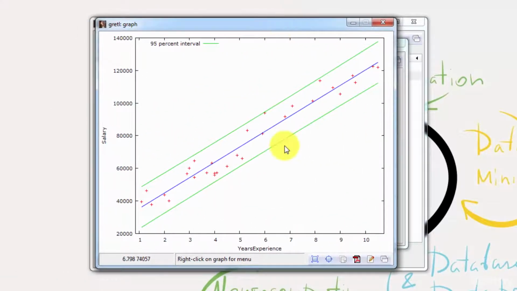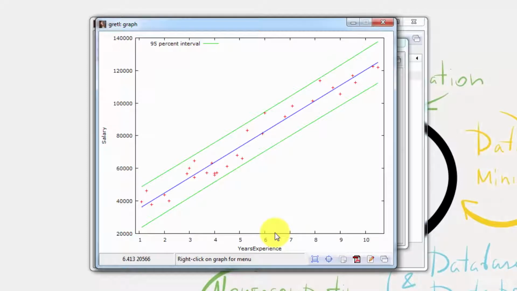So this graph is a bit more involved because it has the 95% confidence intervals here in green. So in a quick summary, what happened here is originally we only had the red dots or crosses, meaning that that's how salary is dependent on years of experience.